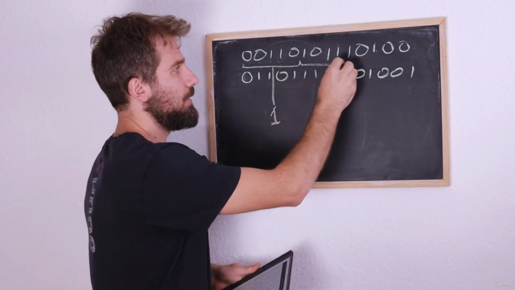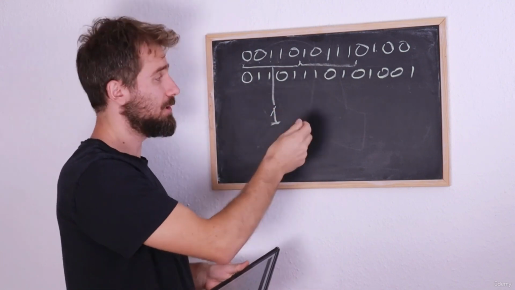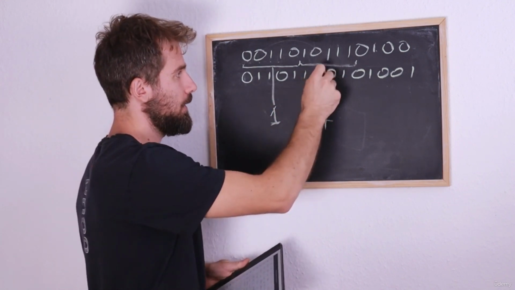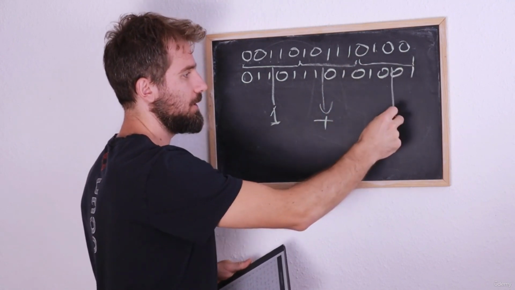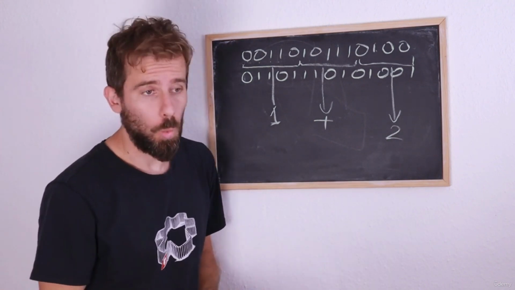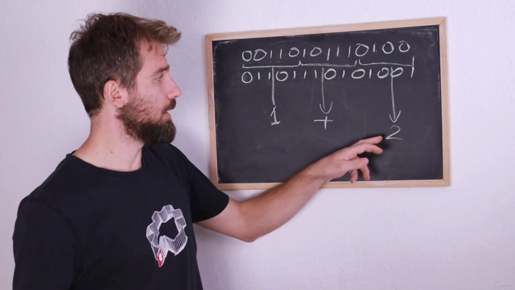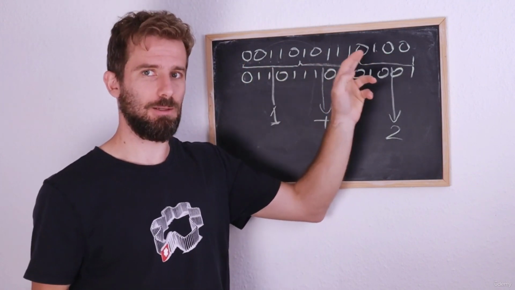And then this other combination of electrical signals represents the plus. And then this other combination here represents integer 2. So we write in a high-level programming language, but that is sent to the computer as signals.